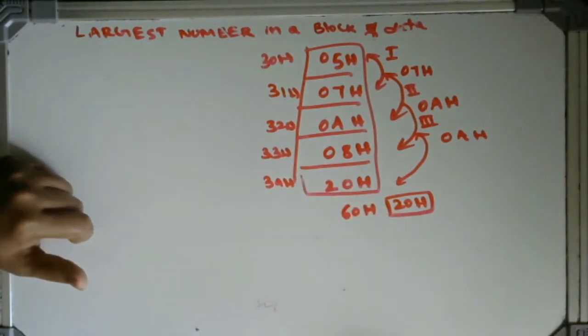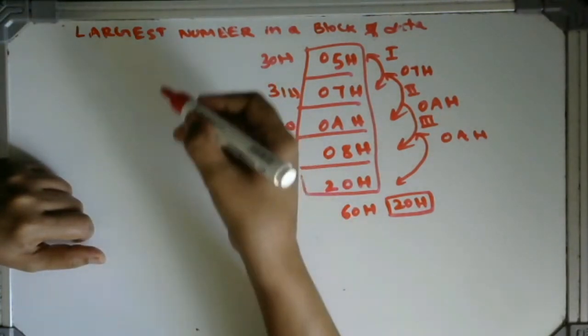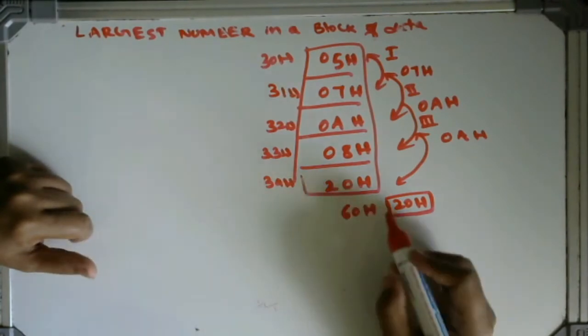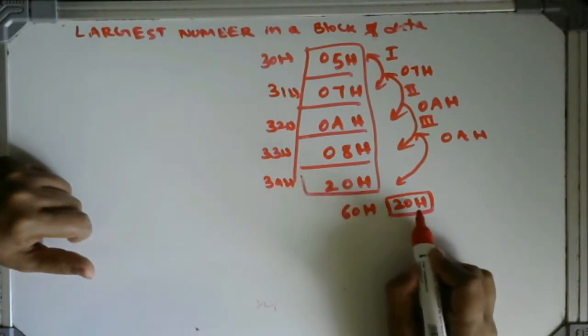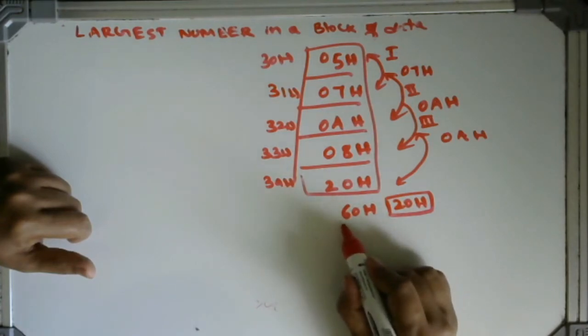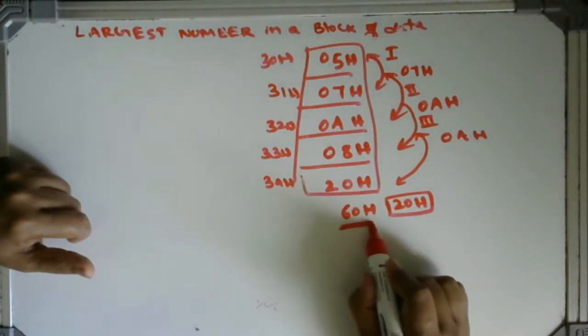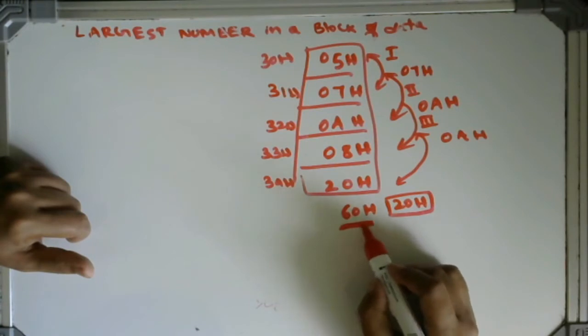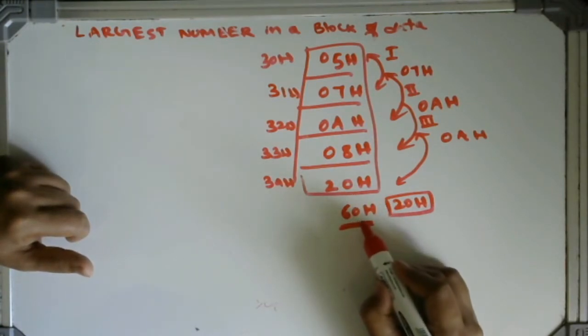Also note that when you are writing the program, we will always keep the largest number as a reference in each comparison, and that will be stored in 60H. Means, each time the reference number will be stored in 60H.